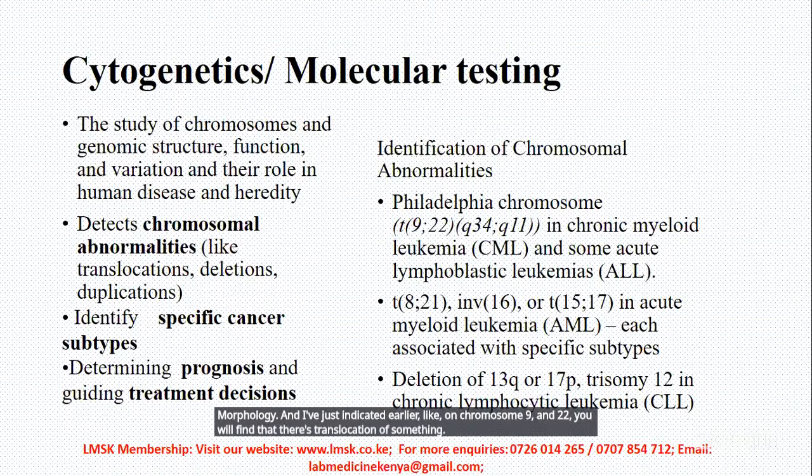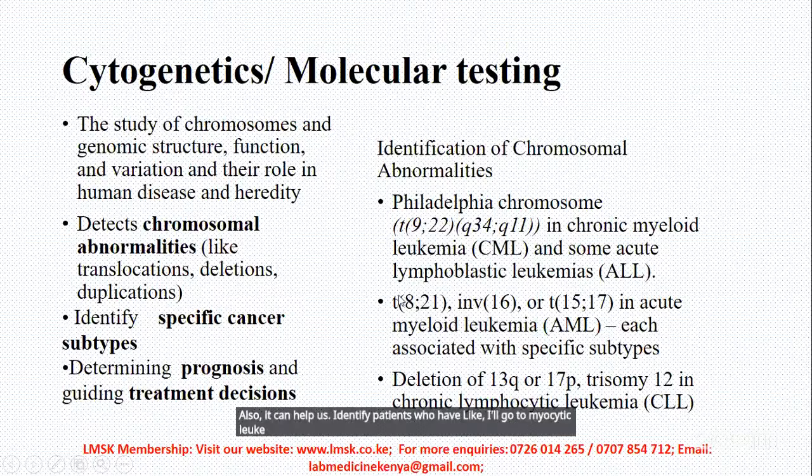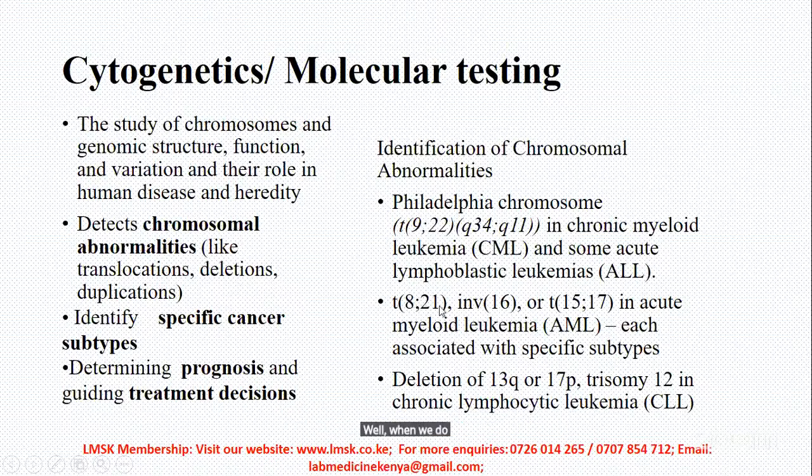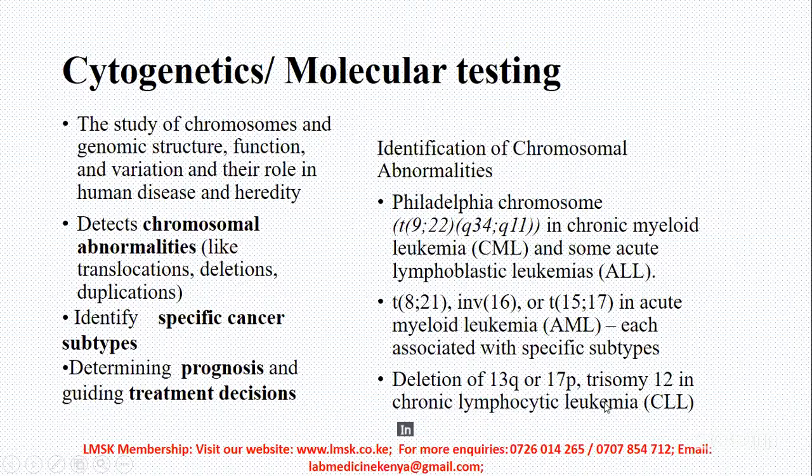Also, it can help us identify patients who have acute myelocytic leukemia, where when we do cytogenetic analysis, I've indicated here where on the chromosome the problem is. And also it will help show us the deletion of some chromosomal parts in chronic lymphocytic leukemia.